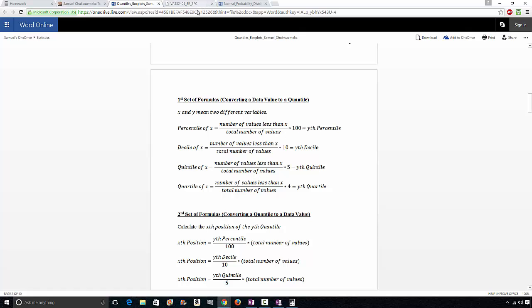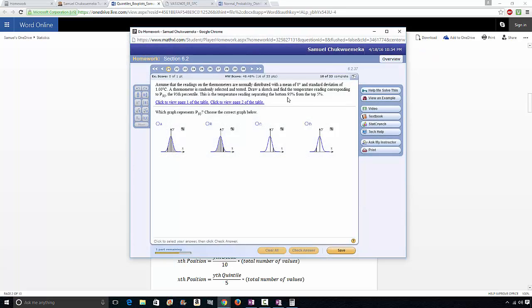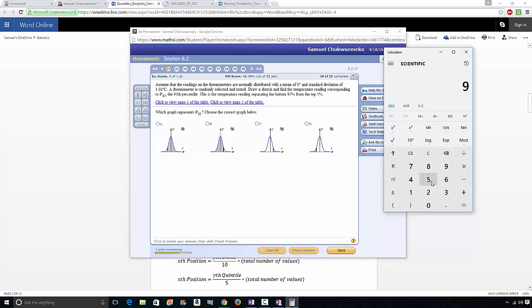So we are looking at less than 95%, which is 95 divided by 100, or 0.95. We want to find the temperature reading corresponding to this 95th percentile, or 0.95.